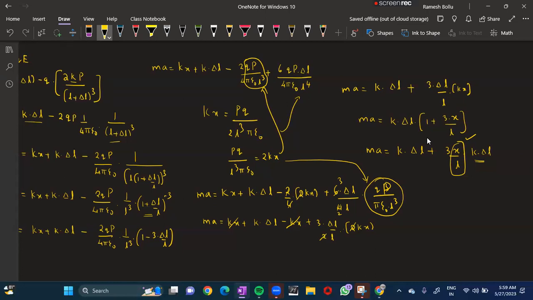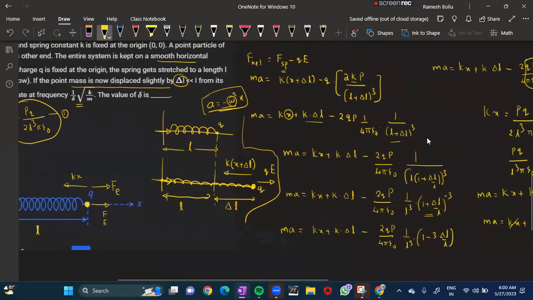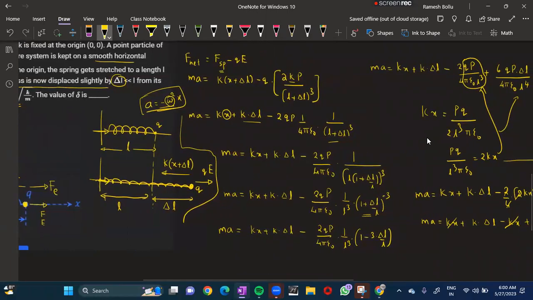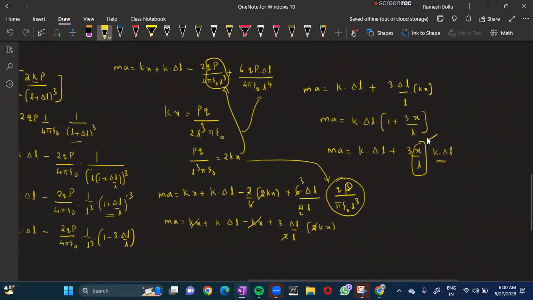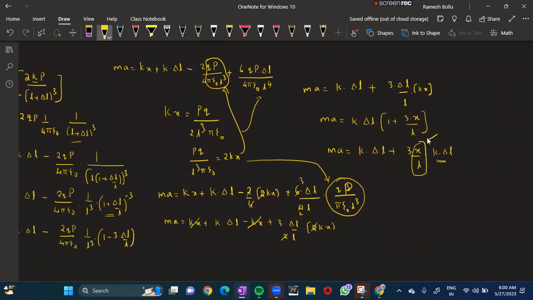First equation I can take, no? First equation, this x by L we have to remove.